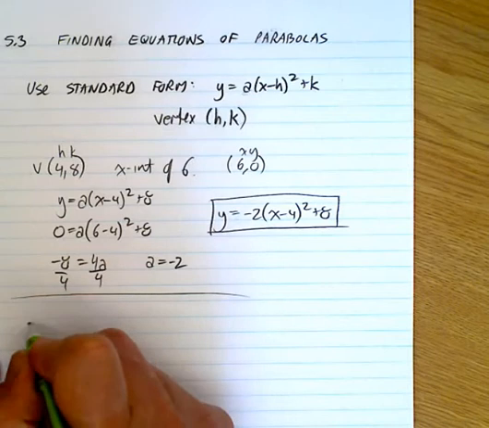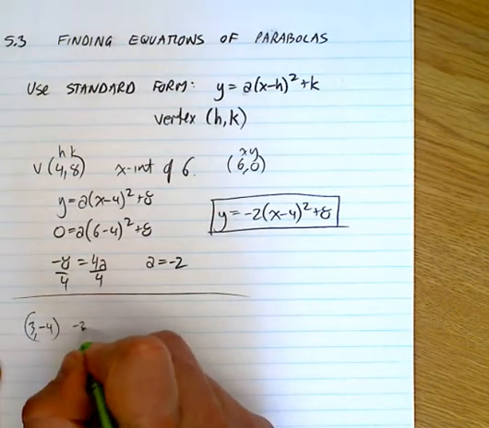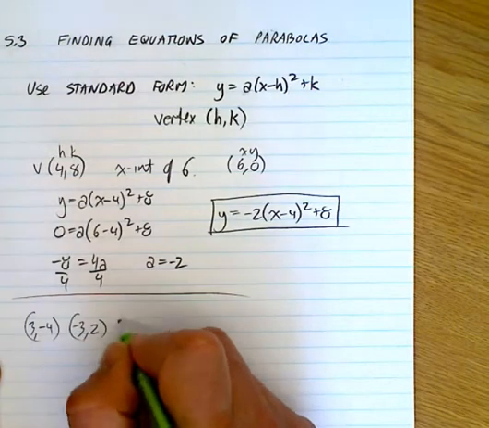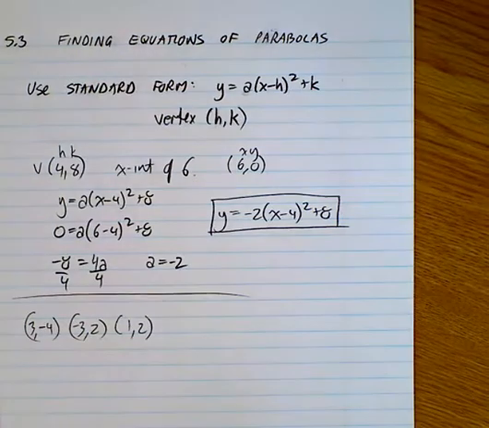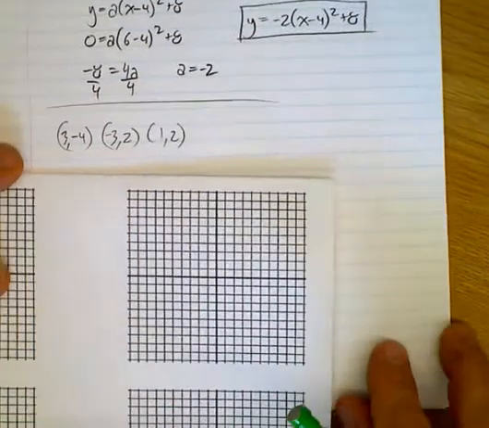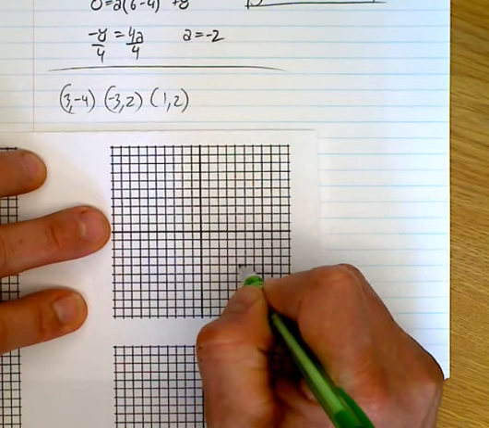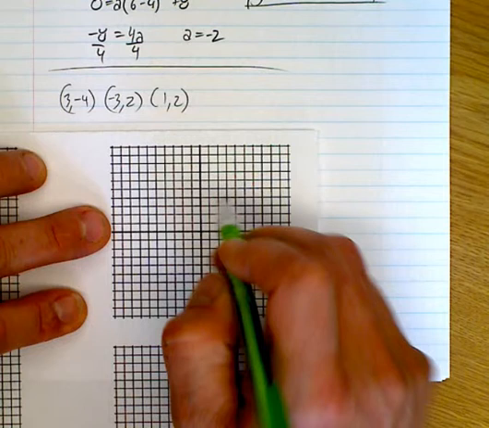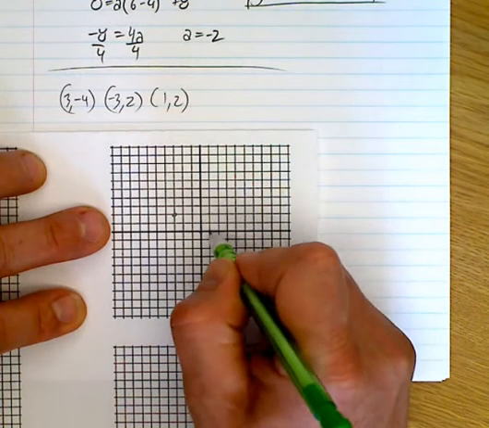If I have 3 and negative 4, and then another point at negative 3 and 2, and another point at 1 and 2. Very difficult to see what's going on here unless you actually graph it, okay? So positive 3 and negative 4. And then we'll look at negative 3 and positive 2, 1 and positive 2.